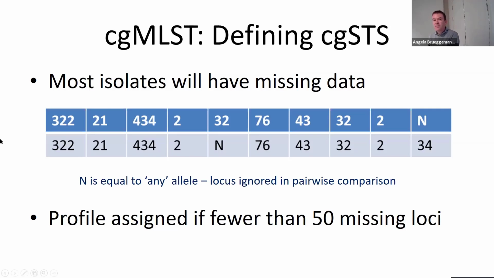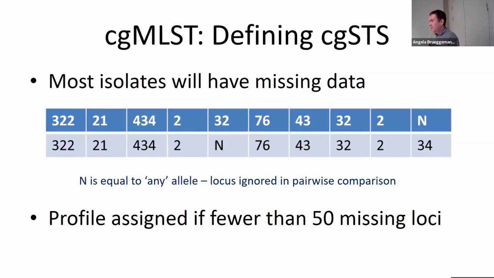But think about it: suppose an isolate goes in with a complete profile and gets core genome ST1. A second isolate goes in, missing 5 of those loci, but otherwise the same. You can't call that second isolate core genome ST1 because you don't know what those other 5 loci are.